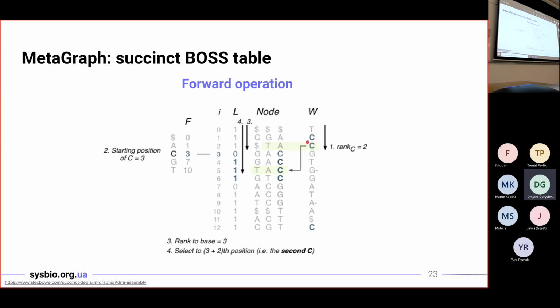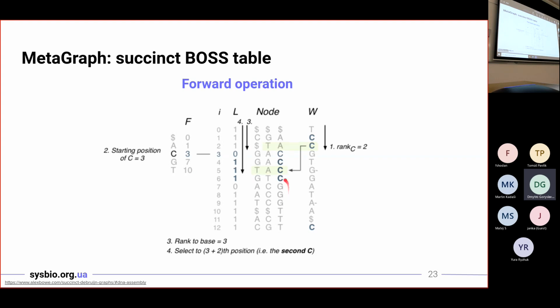The first step is to find the rank of this symbol C in the array W. Here it is 2. The second step is to find the starting position of this symbol in this sorted array. I'll recall that the array with node labels is not stored explicitly. Only F, L, and W are stored.